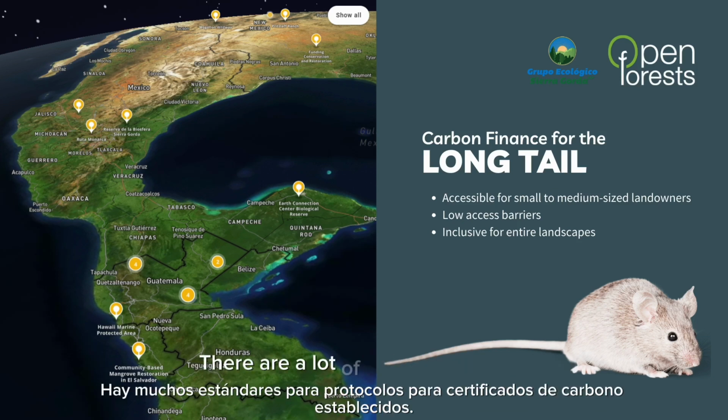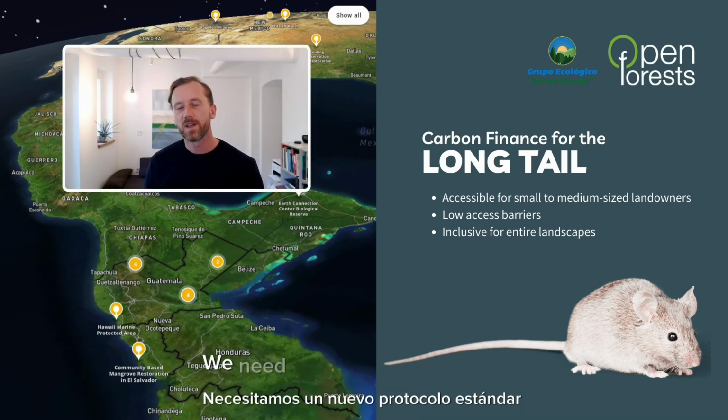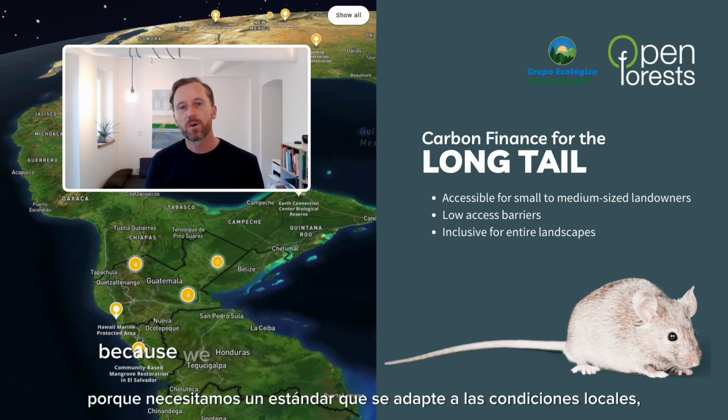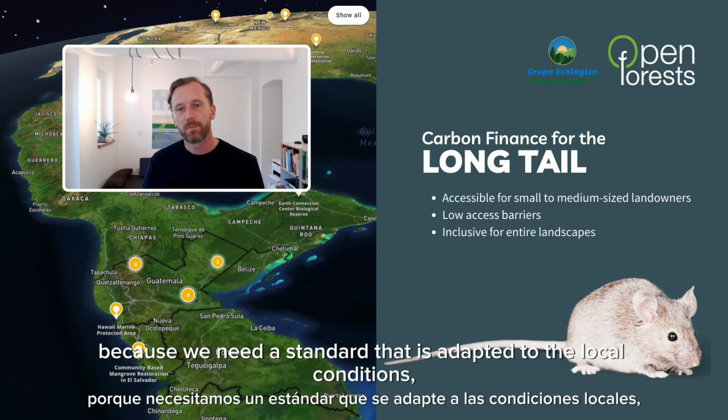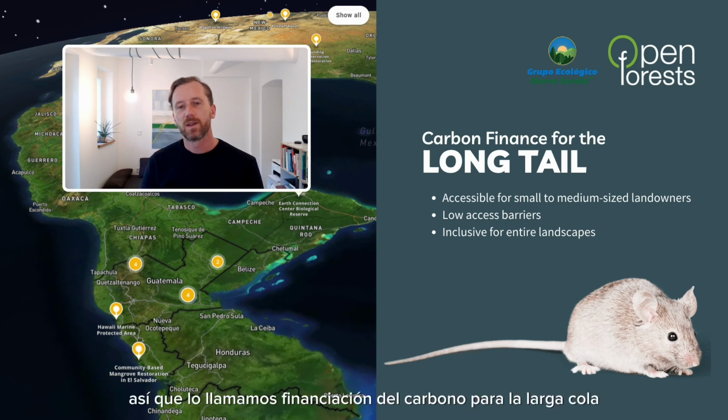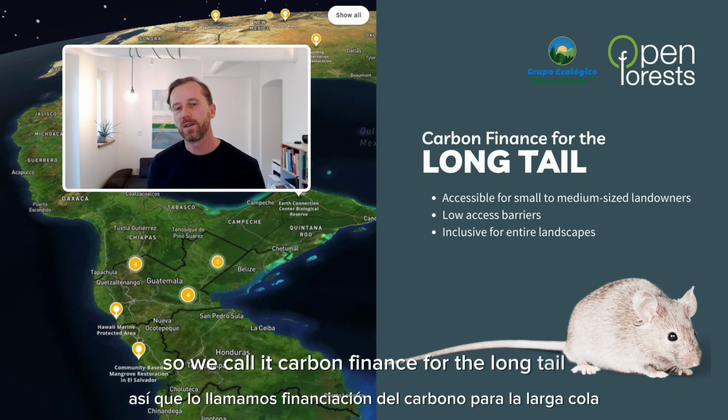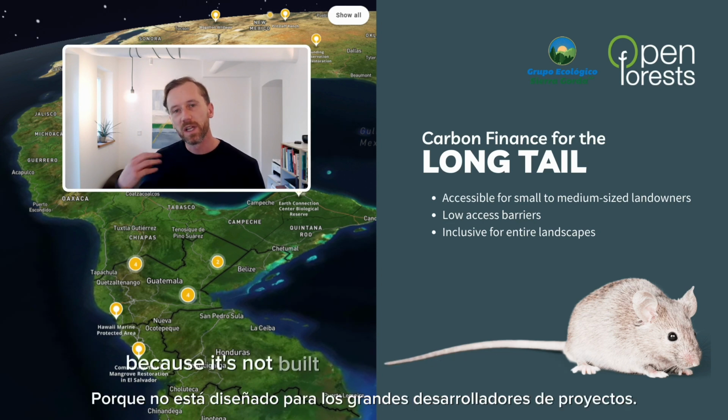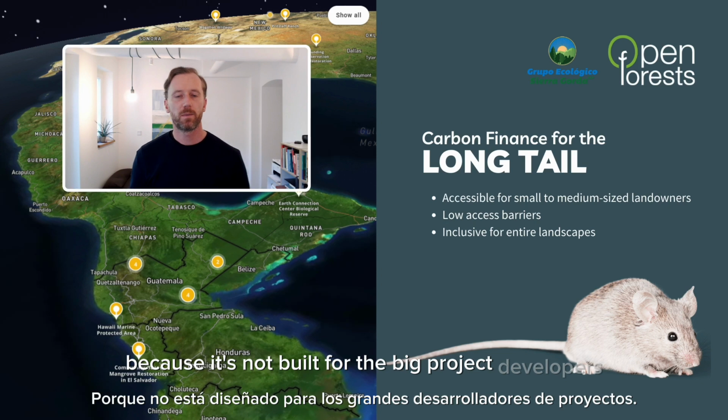There are a lot of carbon standards, certificates, protocols in place. We need a new standard because we need a protocol that is locally adapted to the local conditions. So we call it carbon finance for the long tail because it's not built for the big project developers.